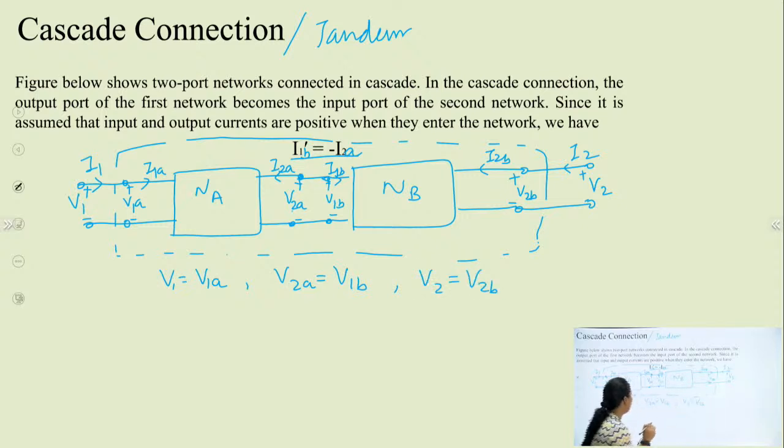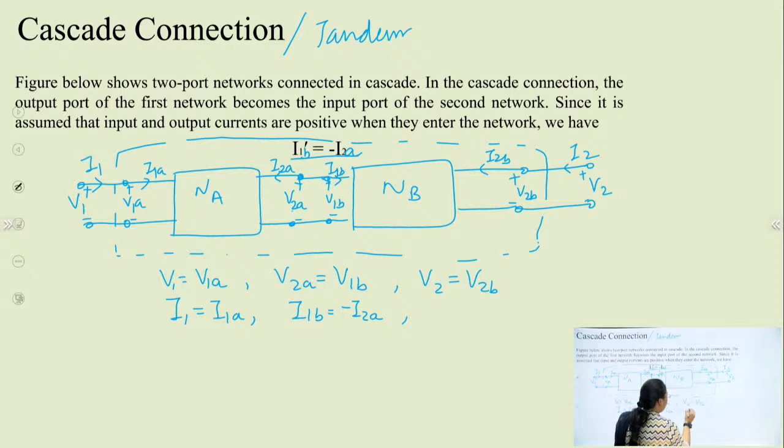Now for currents, I1 will be equal to I1A, then I1B will be equal to minus of I2A, ठीक है, and the current I2 will be equal to I2B, okay. These are the relations which I can directly see from this diagram.